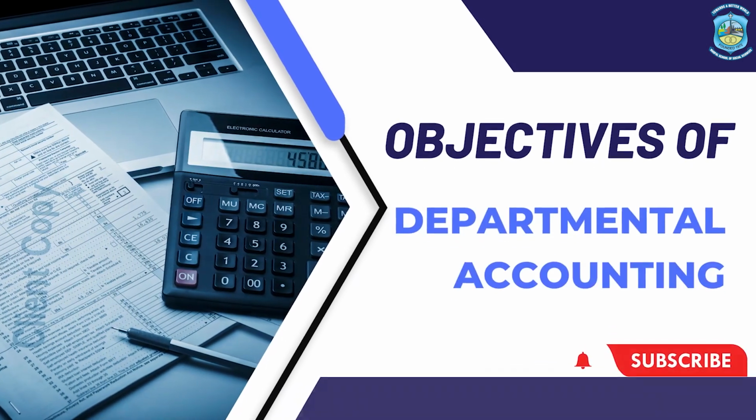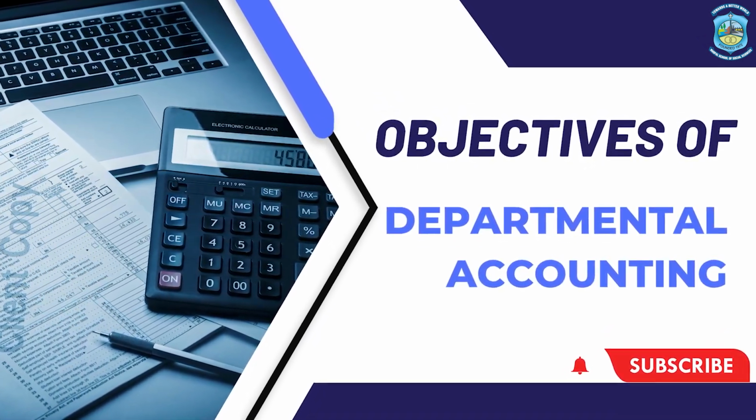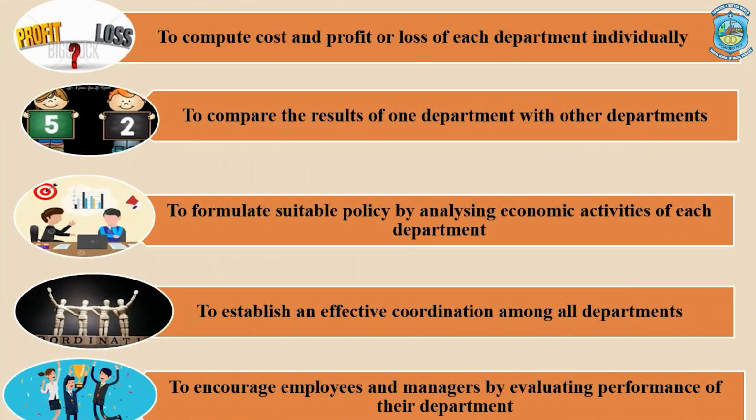So why do we prepare departmental accounting? The first objective is to know the profit or loss of each department. Then the performance of an individual department can be compared with the other departments with the help of departmental accounting.